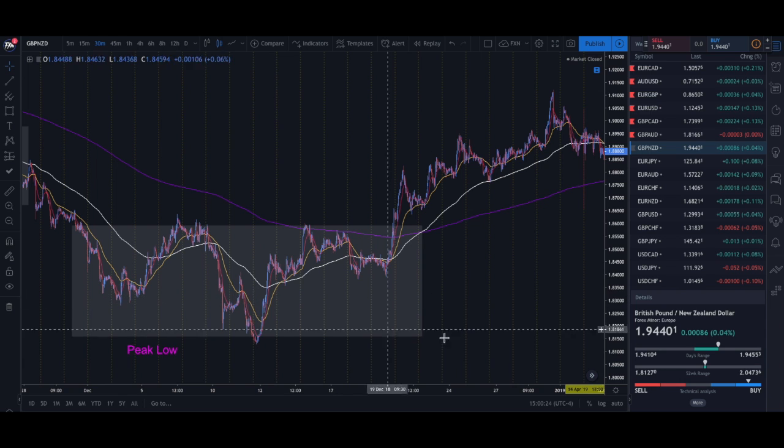I always talk about how, to be consistent in this game of trading Forex, you just want to hit singles, getting 30, 40 pips. Sometimes those singles will turn into doubles, and you'll get 50 to 60 pips. And then you have your home runs, which are these trades right here against the trend.